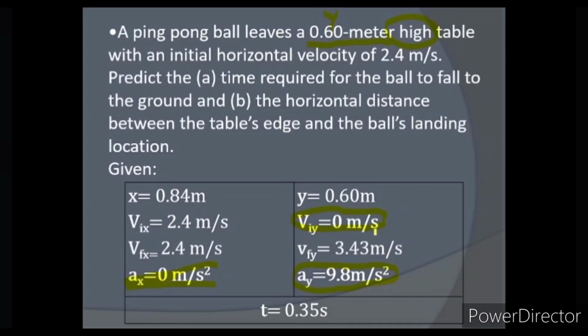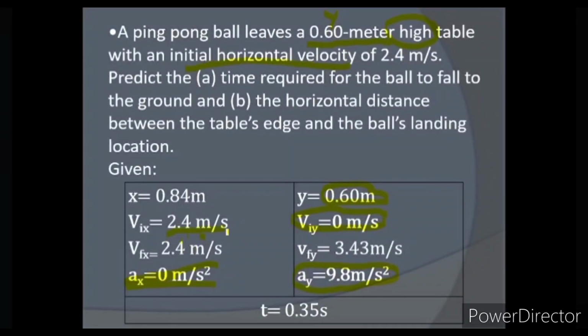So, you put your y here, that is 0.60 meter, yan yung given natin. And then, sabi niya, with the initial horizontal velocity. So, dito naman yun. This is your initial horizontal velocity.